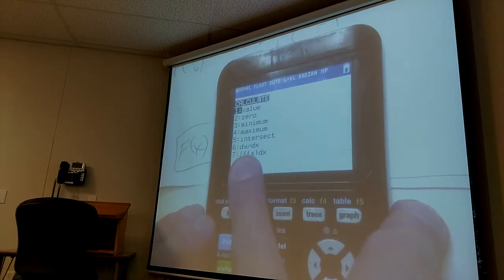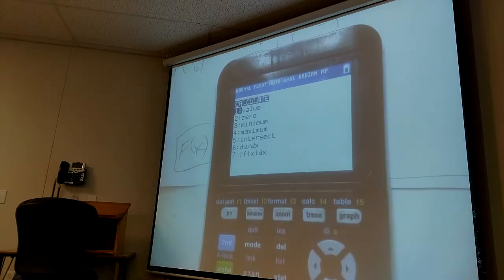So you might have run across this symbol somewhere. If you've had calculus before, you've seen it. But what this really is, that symbol, it's really an elongated S, and it just represents the infinite sum. So if I let the number of rectangles go to infinity, I still have to add up all their areas.